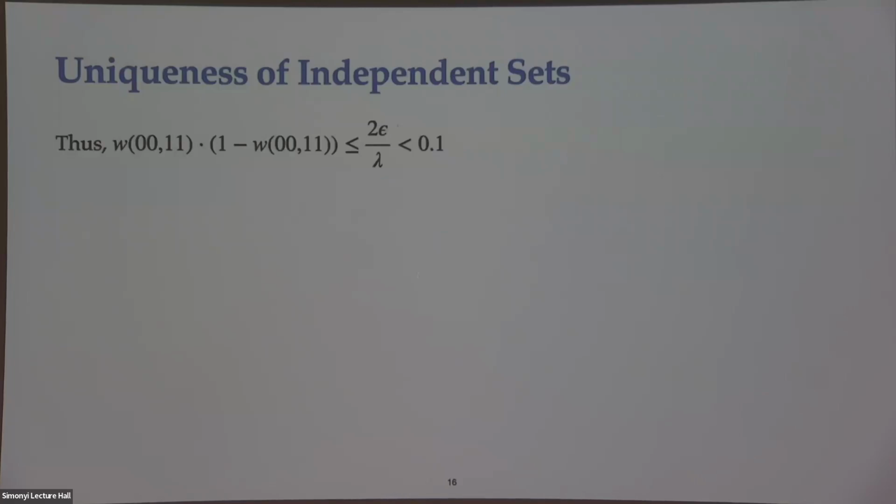Sorry, the notation is a bit off here. What's the meaning of this? It's the weight of 0,0 plus the weight of 1,1, the fraction of vertices labeled 0,0 and 1,1.